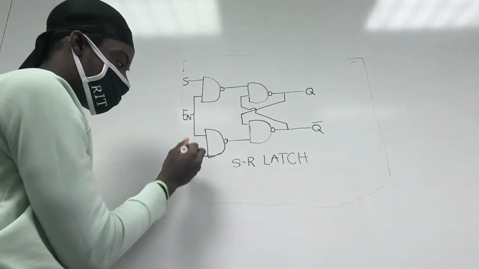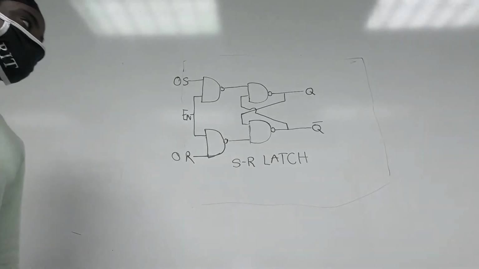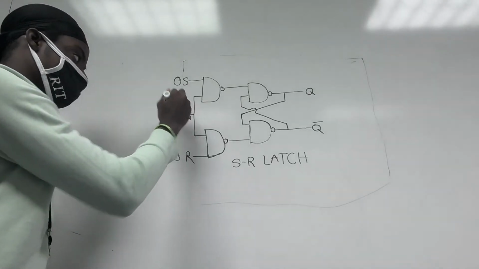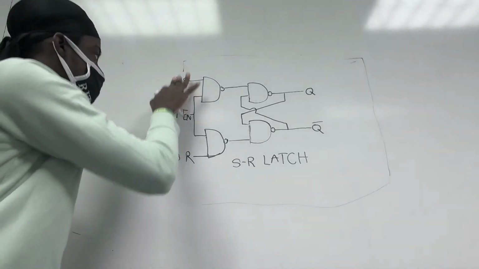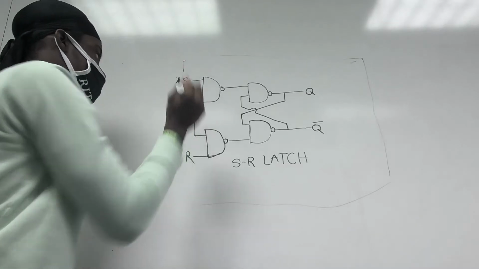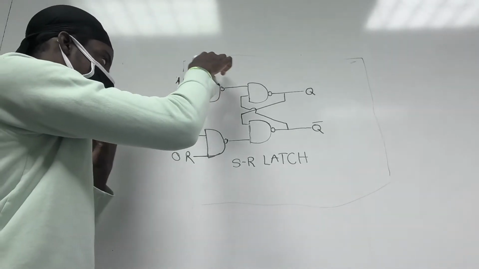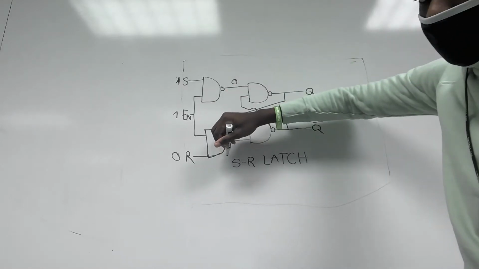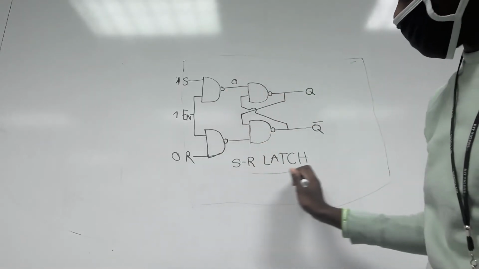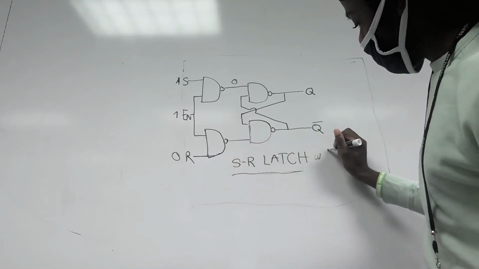So they're normally kept low. Then have enable as 1. If I pulse 1 into S, it goes straight in here, 1, 1, NOT becomes 0. Then the rest of the circuit can perform the function of the regular SR latch. But what we have here now is an SR latch with enable.